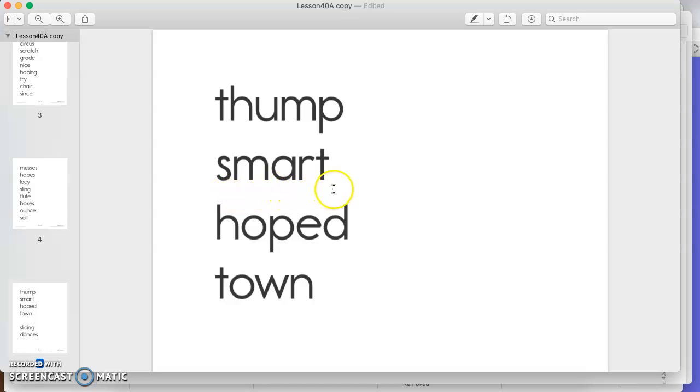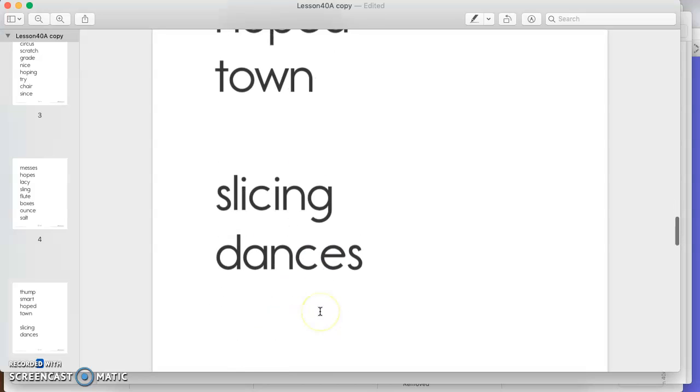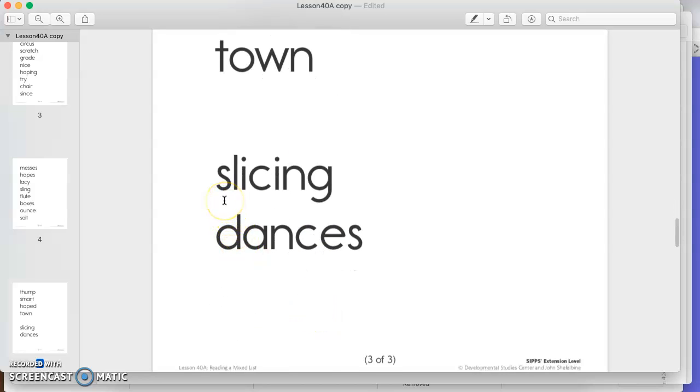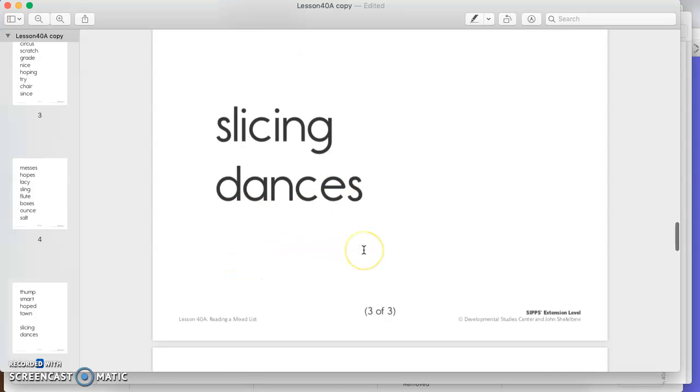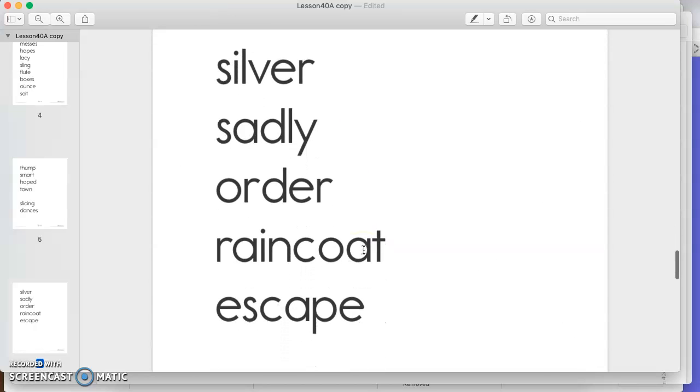Read. Smart. Look. Read. Hoped. Look. Read. Town. Look. Read. Slicing. Look. Read. Dances. Excellent job.